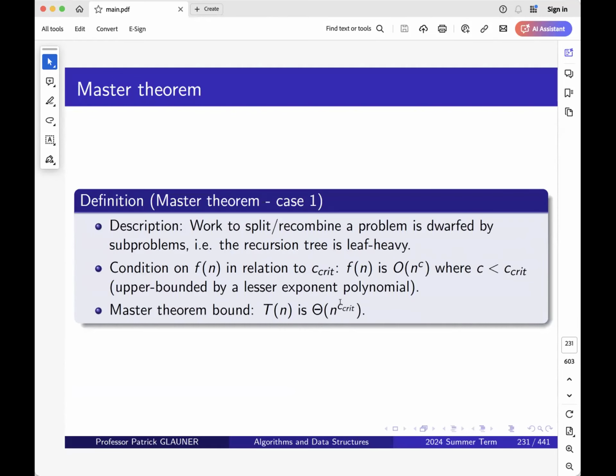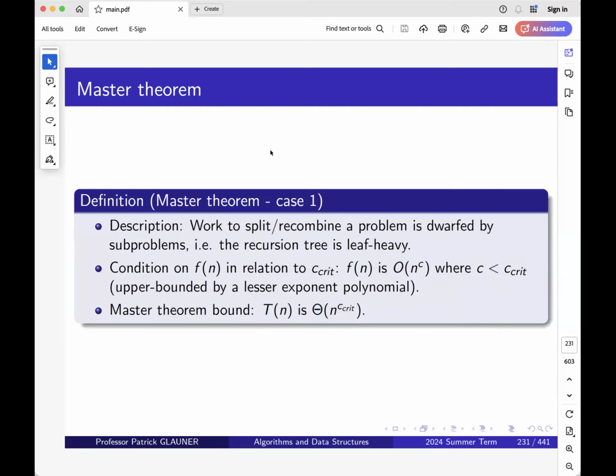And if f of n is O of n to the c, we will soon see some examples to make this more clear. But if f of n is O of n to the c, where this c is less than our critical exponent, and remember the critical exponent is log b of a, then we can simply say T of n is theta of n to the critical exponent.